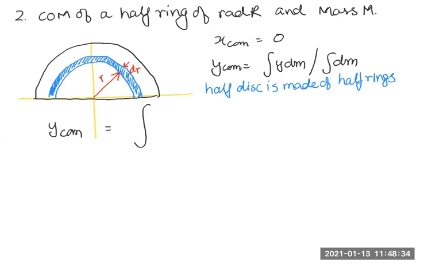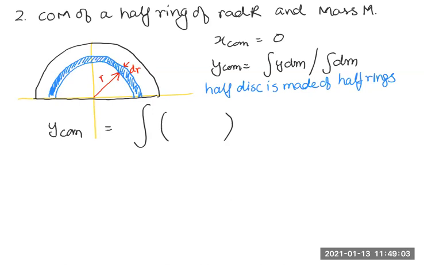This is equal to integral of y coordinate of the chosen element's center of mass. Now, if I had chosen a point particle, then the location of the point particle would be the y coordinate. But I have chosen an element which is a half ring.